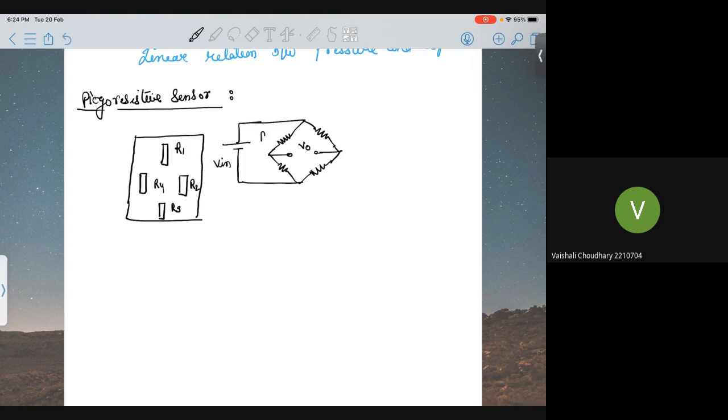Let's say these two resistors will experience the same change in resistance, which is R plus delta R, and these will experience the same resistance of R minus delta R.